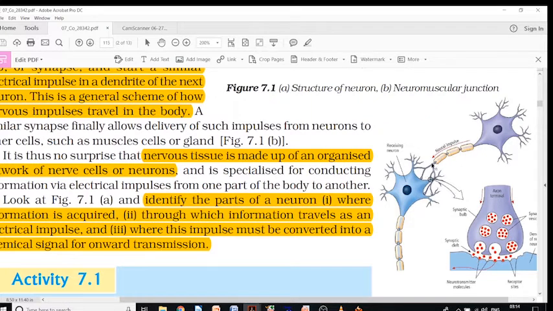But here one very important question comes: what is the gap called between the two nerve cells? That gap is called the synapse. Synapse is the gap between two nerve cells where the chemical messengers are transferred.